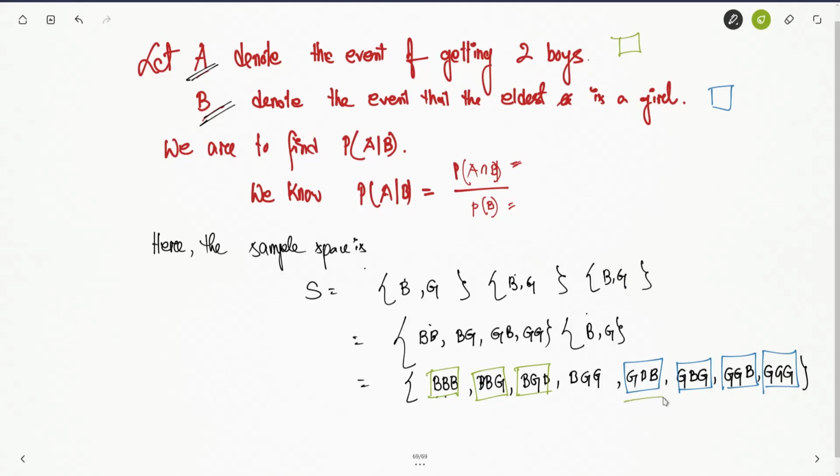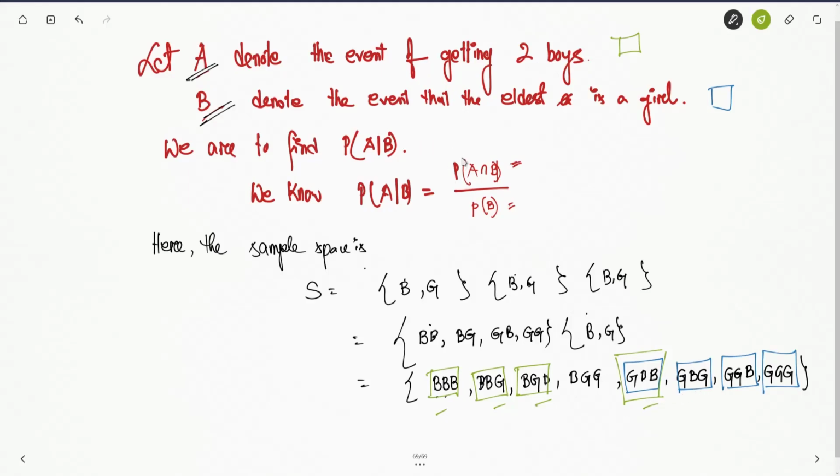Then this over here is an event where we have 2 boys. Okay, so these are all the events where the 2 boys condition is satisfied. This one, this one, this one, and this one. There are 4 situations which satisfy the condition that there will be 2 boys, right?